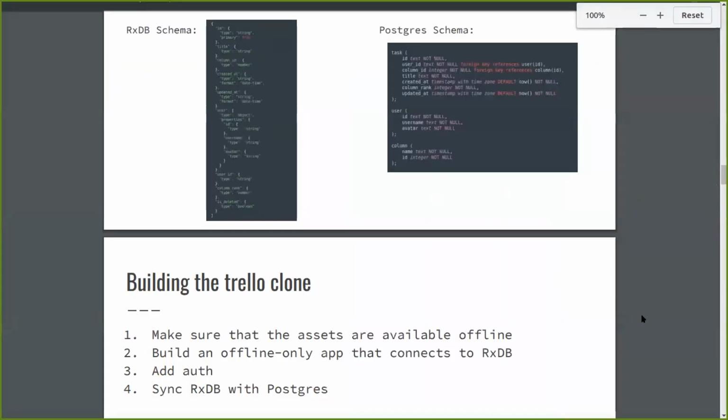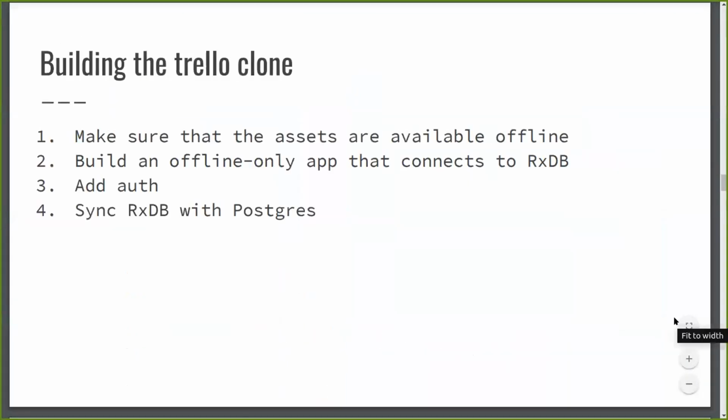So now when we go about building Trello clone, the basic things to keep in mind are, firstly, you have to make sure that the assets are available offline, because it is an offline app. Secondly, you then start building an offline only app that talks to RxDB and RxDB alone, doesn't care about auth, doesn't care about Postgres, so that the core functionality is working and good to go, right?